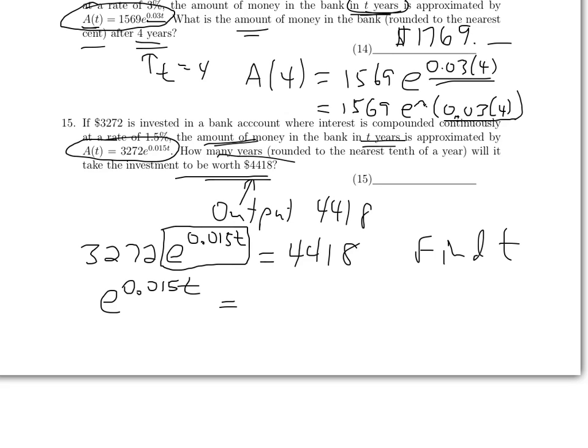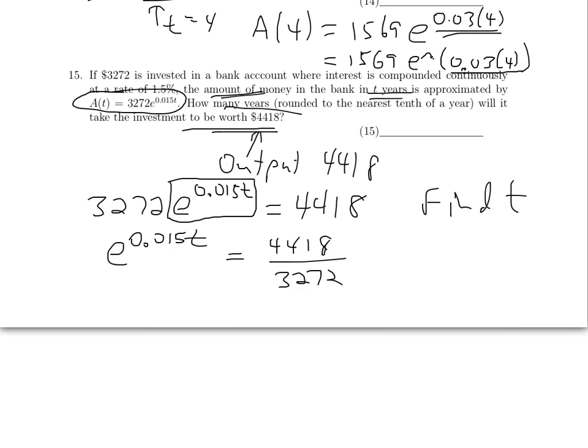Actually, I'm just going to leave it like this. This will be a little bit easier to be sure I have it rounded correctly. So I'm just going to write it as 4418 over 3272. That's easier. I know it doesn't look nice, but it's better if I just put it in my calculator all at once. And so this is equivalent.